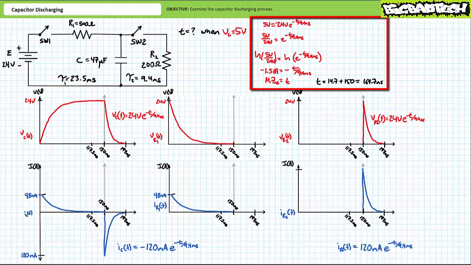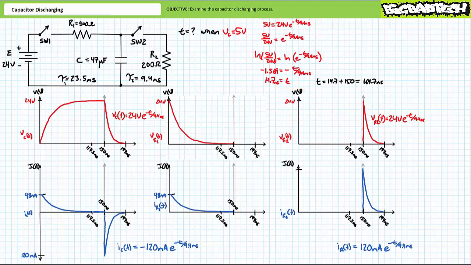This is where we need to remind ourselves what this answer implies. Our answer of t equals 14.7 milliseconds means 14.7 milliseconds into the discharge process. From the larger system's perspective, this actually represents 150 plus 14.7, or 164.7 milliseconds. If you're ever asked to solve for the instantaneous values of current or voltage across R2 at this same time, I suppose you could substitute this same time into their time-varying expressions.